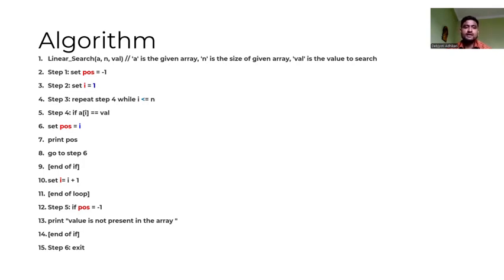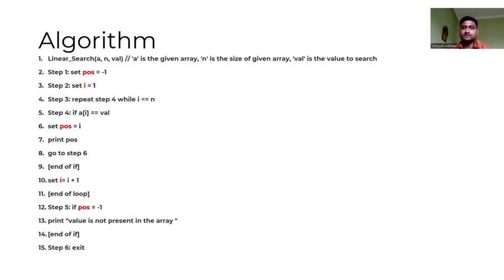Step 4, if A[I] equals val. So in this step, we are comparing the array item with our target item. Pos equals I. If the target item matches the array element, we return the index value in the pos variable.